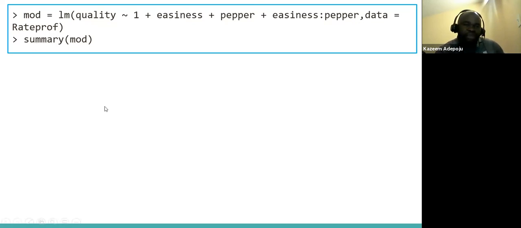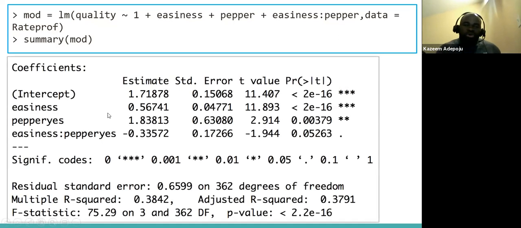When I do this summary, this is what we have. Of course, you can see the estimate of beta naught, the estimate of beta 1, the estimate of beta 2, and the estimate of beta 3. I told you that when you have pepper here, we are assuming the variable is categorical.